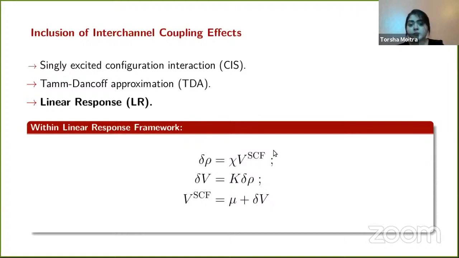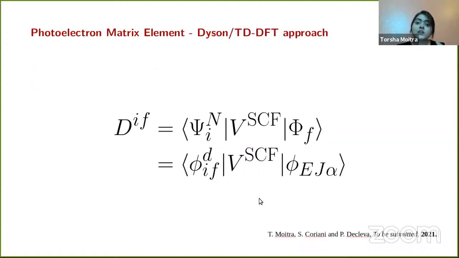In this situation, the full potential is given as the sum of the external perturbing potential mu and the response potential delta V. Now, within our Dyson TDDFT approach, the photoelectron matrix element looks quite similar to that of the Dyson DFT approach, the only difference being that the mu term is now replaced by the full VSCF potential.